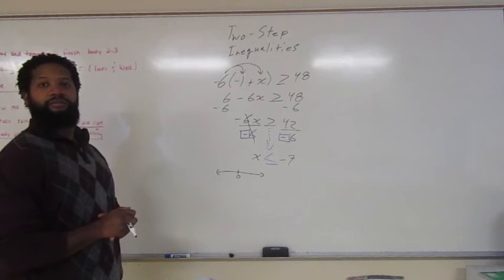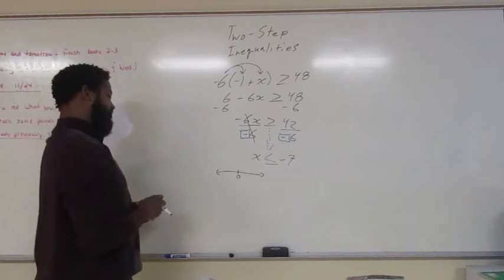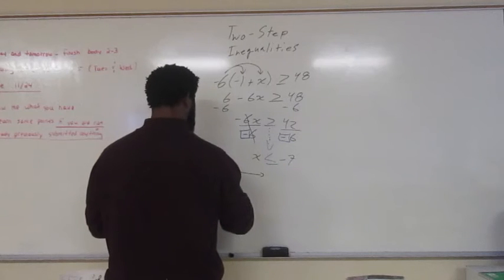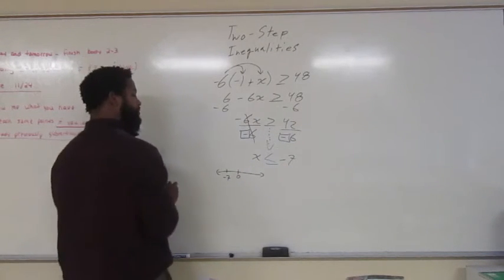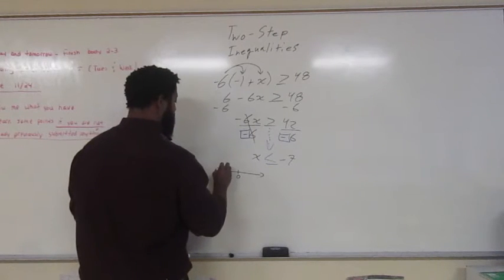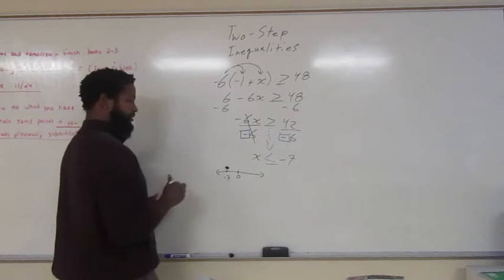Left. It's a negative, so it's gonna go on the left. Thank you. -7. What kind of circle is above it? Closed. Which way is our line going? To the left.